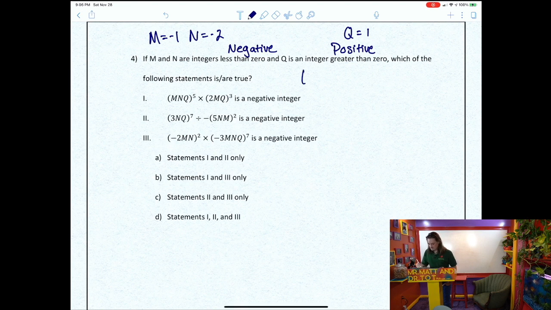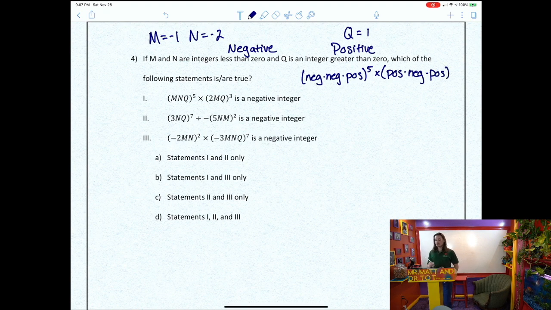So for m times n times q, I'm going to have a negative times a negative times a positive, quantity raised to the 5th power, times 2, which is positive, and that's all I'm concerned about. So 2, which is positive, times m, which is negative, times q, which is positive, quantity cubed.